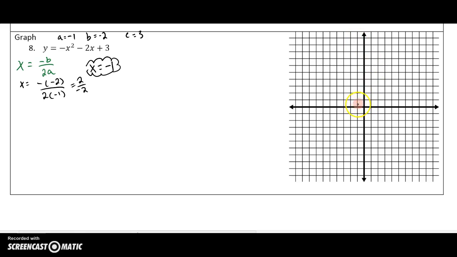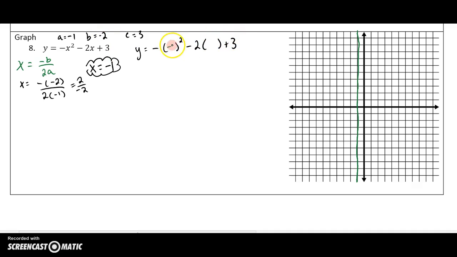That is the line that is going to split our parabola in half. Our vertex is on this line somewhere. So if I know that our vertex is on this line, I know that the vertex has to be -1 comma something. So I'm going to take the equation, and instead of x, I'm going to put -1 to find the y-coordinate.